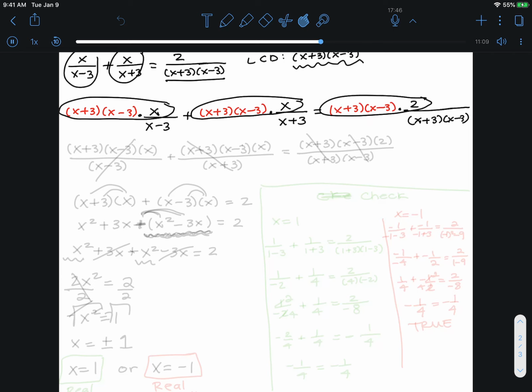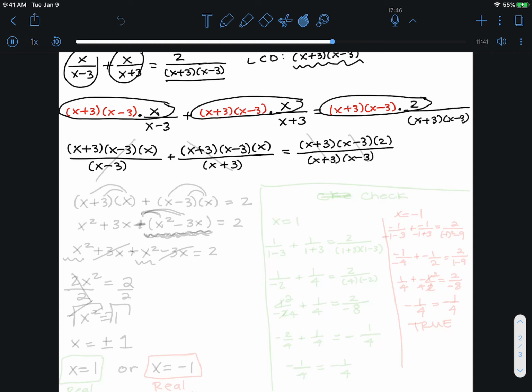So then that's going to give me x plus 3, x minus 3 times x over x minus 3, plus x plus 3, x minus 3 times x over x plus 3, equals x plus 3, x minus 3 times 2 over x plus 3, x minus 3.